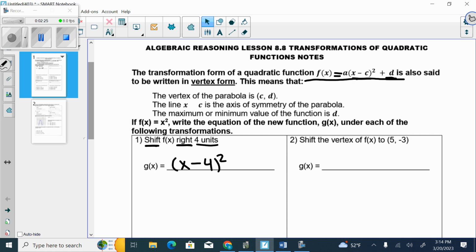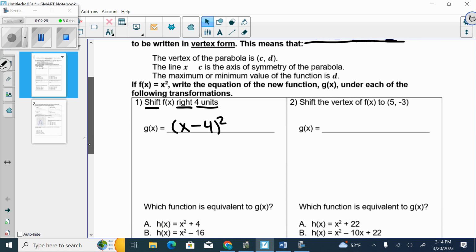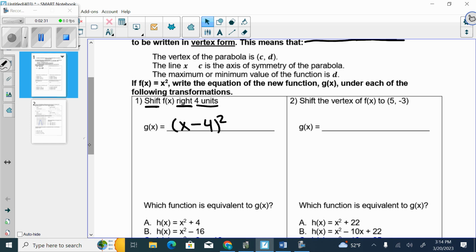good. Okay. All right. And then it says shift the vertex f of x to the point 5, negative 3. Okay, so remember in a coordinate point, the first number is x or y?